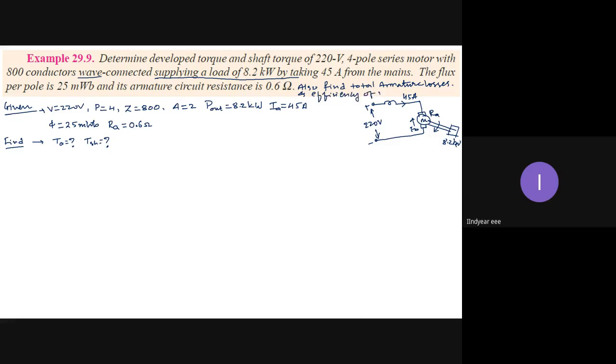So TA, TSH, armature loss, and efficiency.